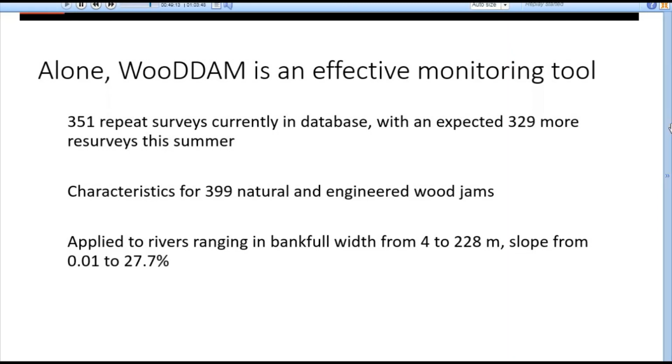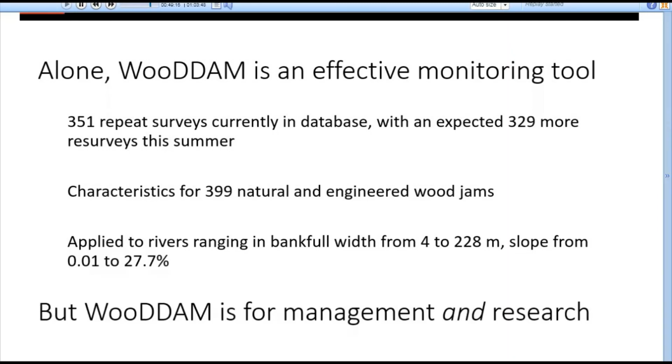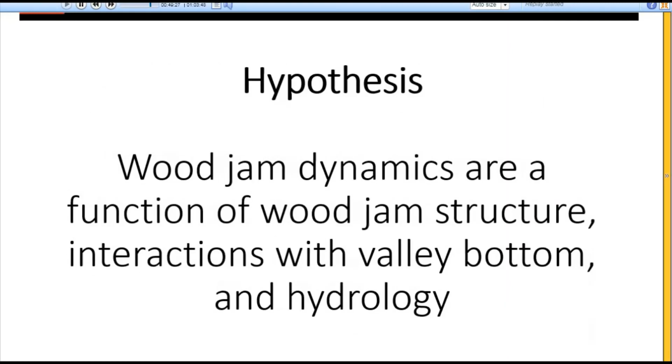So we've done a lot of work to show that WooDDAM can work for monitoring wood jams through time and understanding their characteristics. But on the sort of interesting side, we've also started to look into some hypotheses about wood jam dynamics.